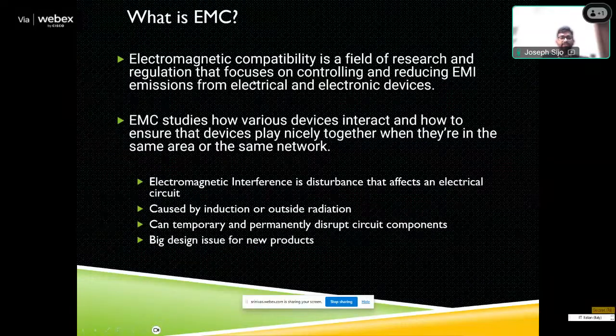And also we know that nowadays power electronics are more advanced techniques we are using in different industries, especially automotive and aerospace.